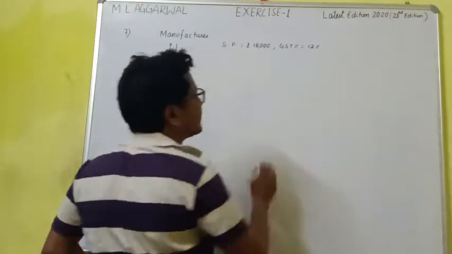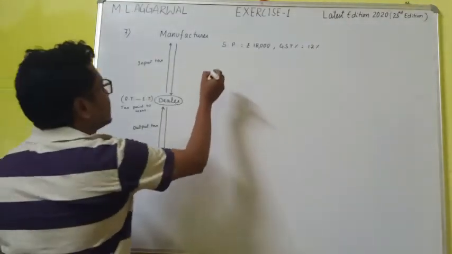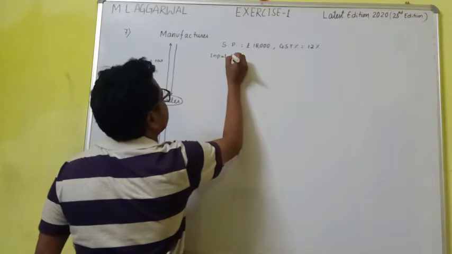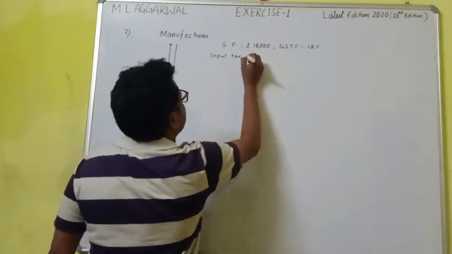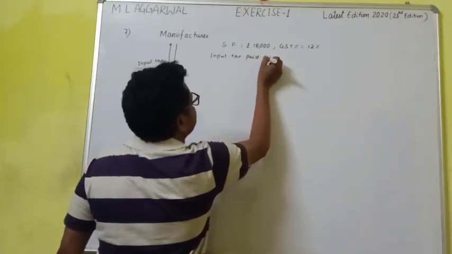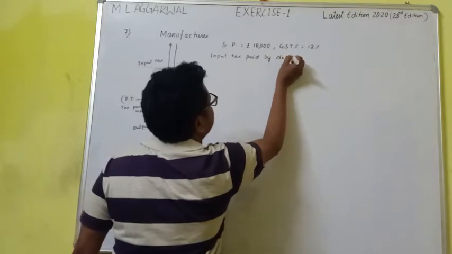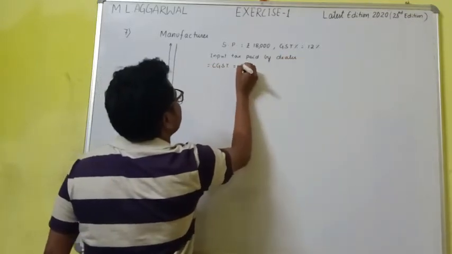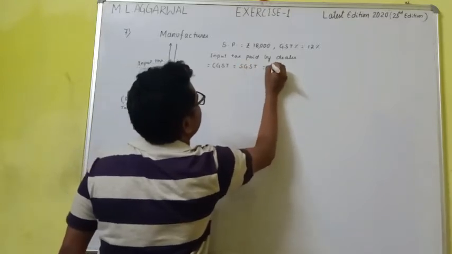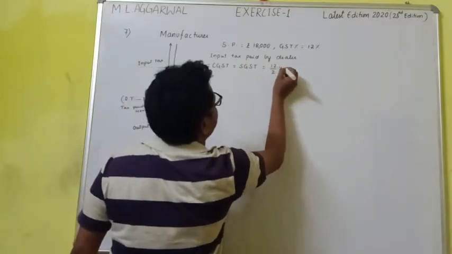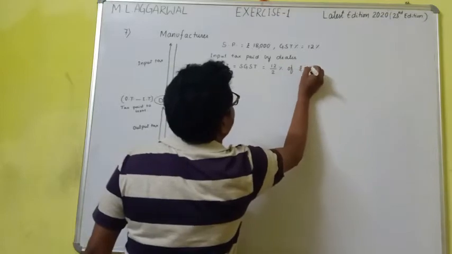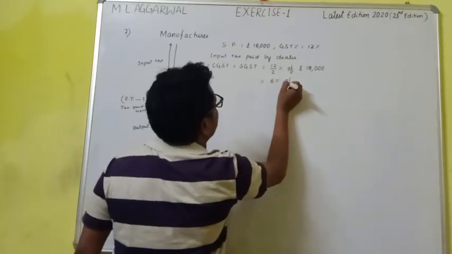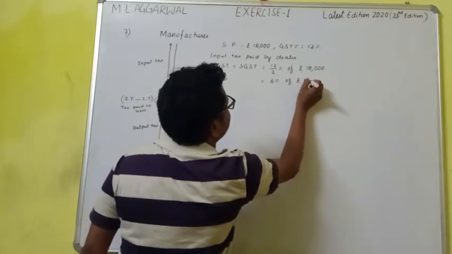As it is an intrastate case, so input tax paid by dealer is equal to CGST is equal to SGST is equal to 12 by 2% of rupees 18,000. So it will be 6% of rupees 18,000.